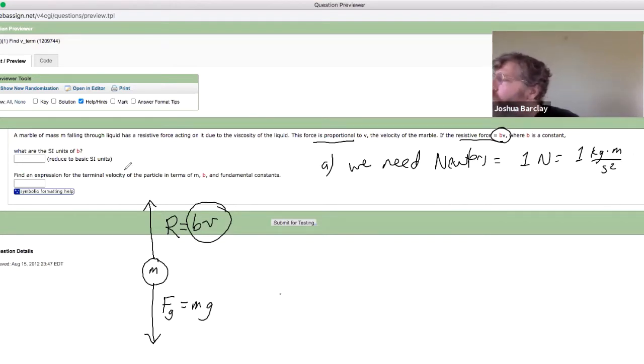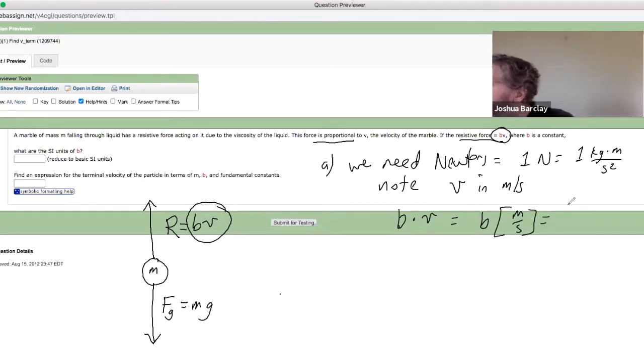And note that V is in meters per second. So we need B times V. B times V is going to be equal to B times, I'm just going to put the units, meters per second, has got to equal, the symbol for units is you just put them in brackets like that, kilograms meters over second squared.